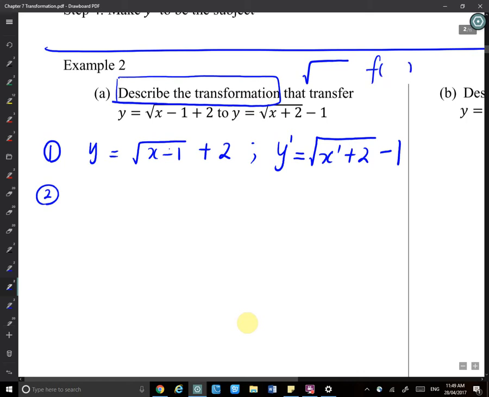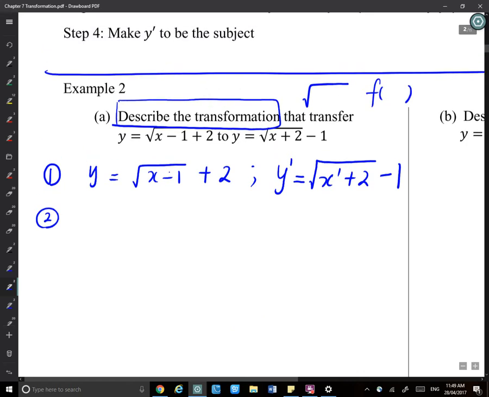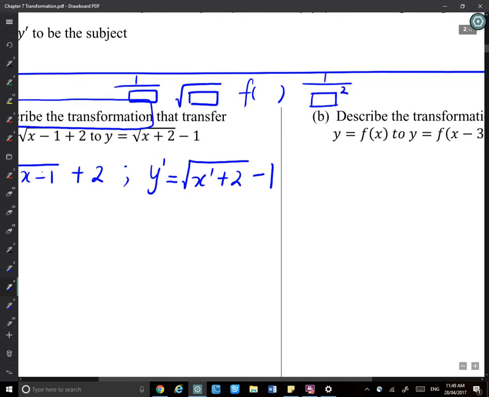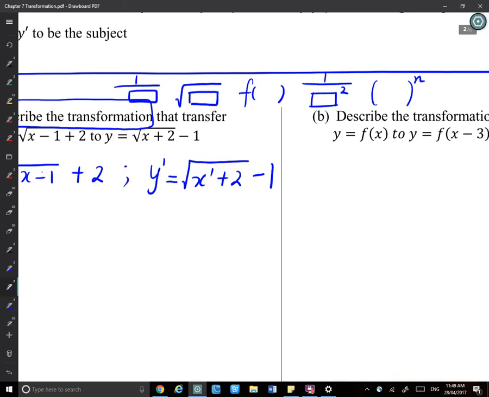F bracket something can be a model. 1 over something can be a model. 1 over something squared can be a model. Something squared or something to the power of n can be a model. I only want to leave those kinds of things on the right hand side, and all the coefficients to the left.